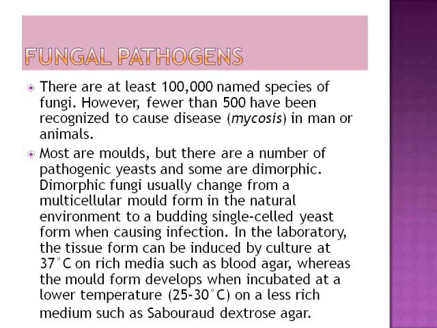Most of these pathogenic fungi are dimorphic. So they have this ability to exist in two different forms. When there is a need for them to divide asexually, they're going to divide. When there's a need for them to go for a sexual pathway, they're going to go and divide that way.